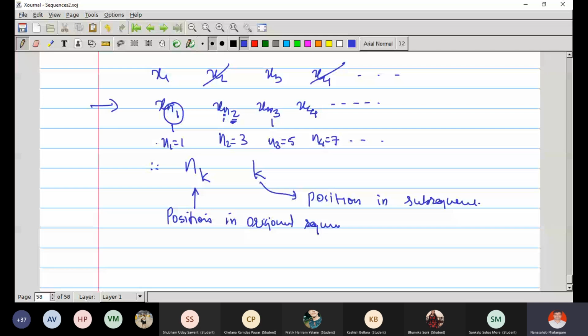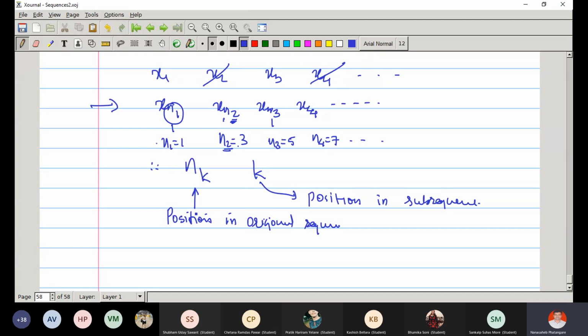What is 2? 2 is the second position in the subsequence, but n2 is actually 3. It is the position in the original sequence, the third position. Correct? Do you understand the relation between n_k and k? My statement is clear: n_k is a position in the original sequence and k is a position in the subsequence.